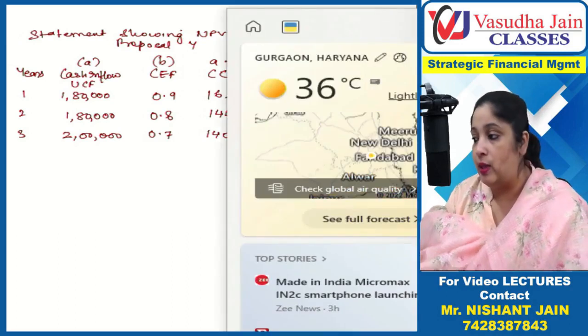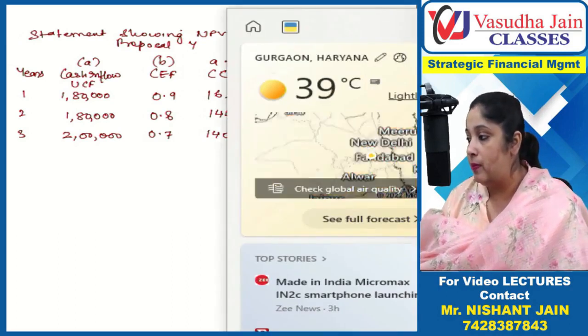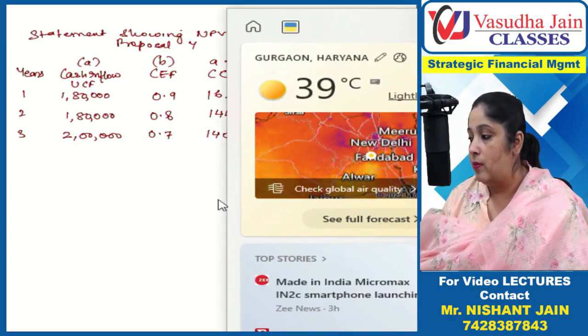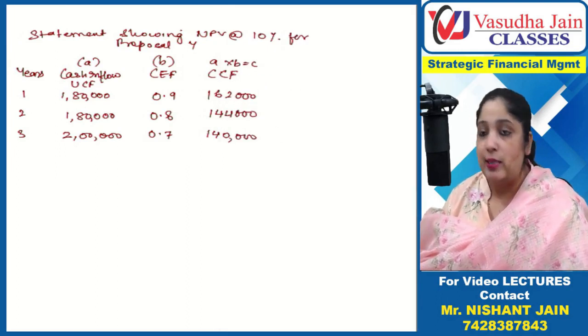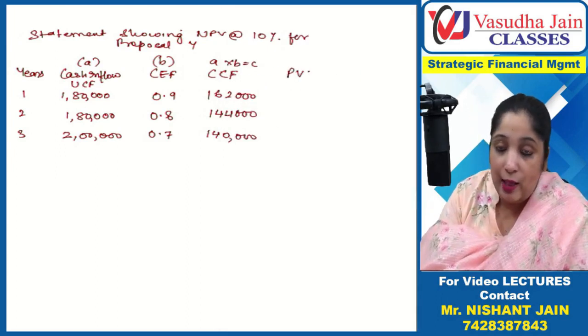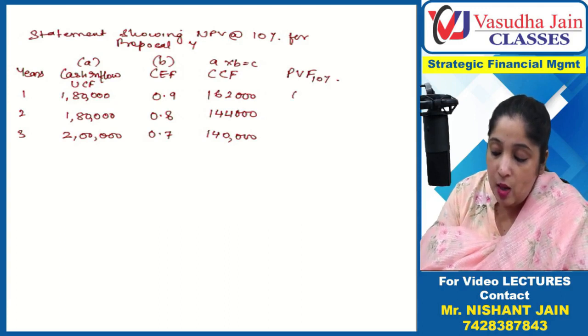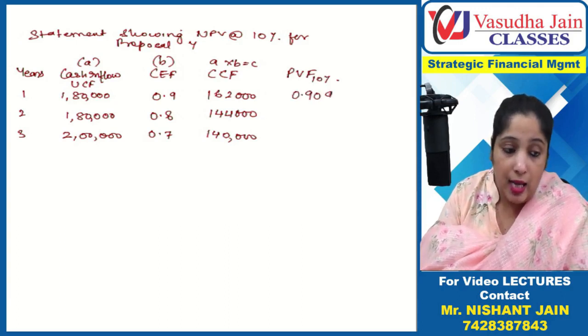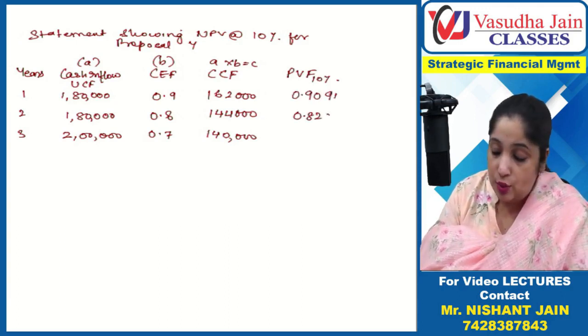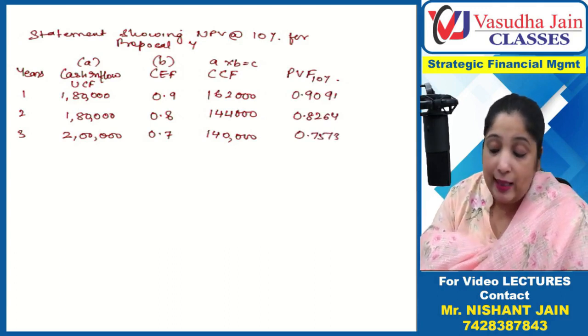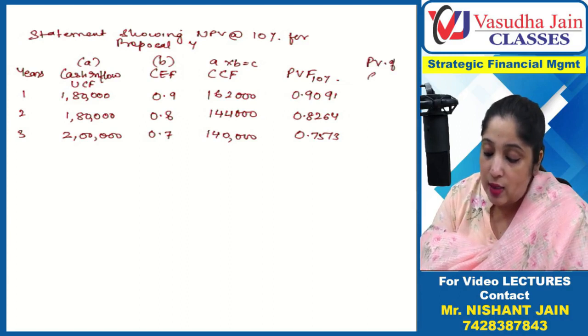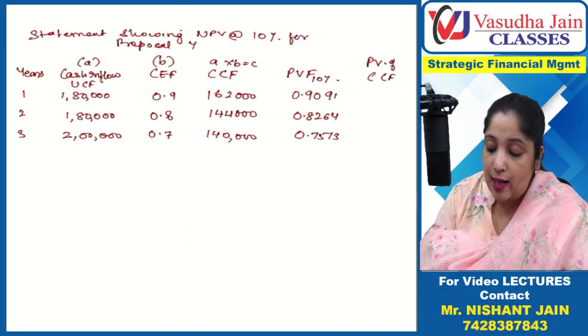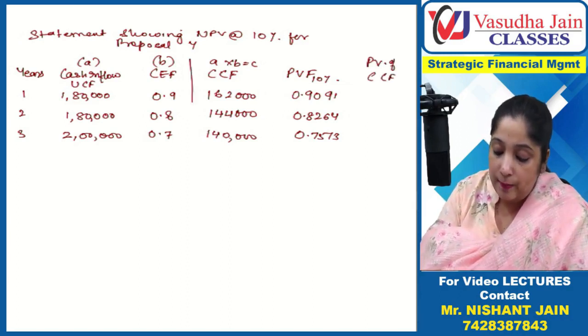Now you can continue in the same page by multiplying with the present value factor at the rate of 10%, 0.9091, 0.8264, and then 0.7513. So you will be getting the present value of certain cash flows.